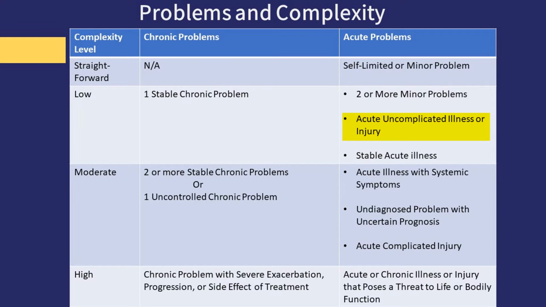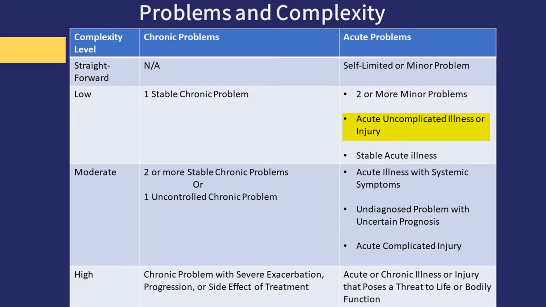One acute uncomplicated illness or injury, which refers to a short-term illness with a low probability of morbidity or mortality, where full recovery is expected with treatment. In the ambulatory setting, this also includes self-limited problems that are not following the usual course or where treatment is considered. This brings me back to the straightforward level.